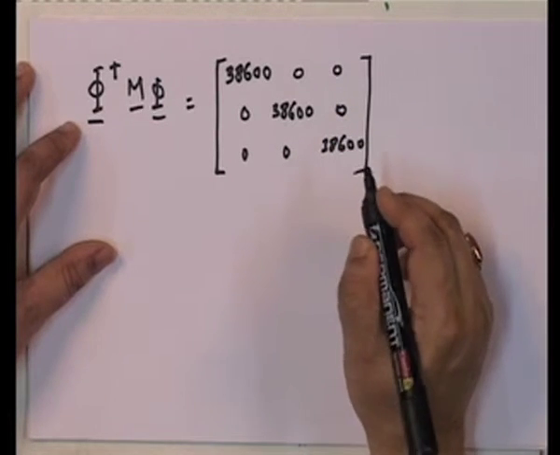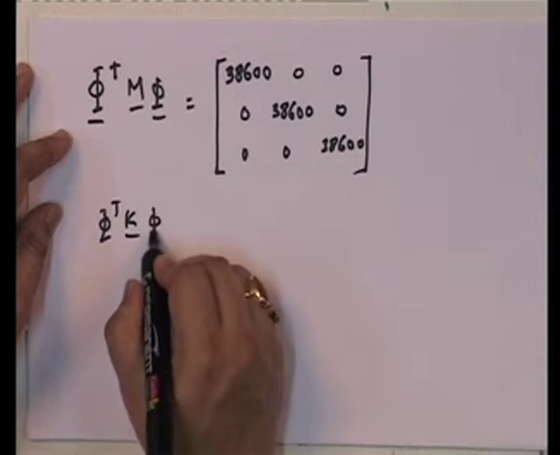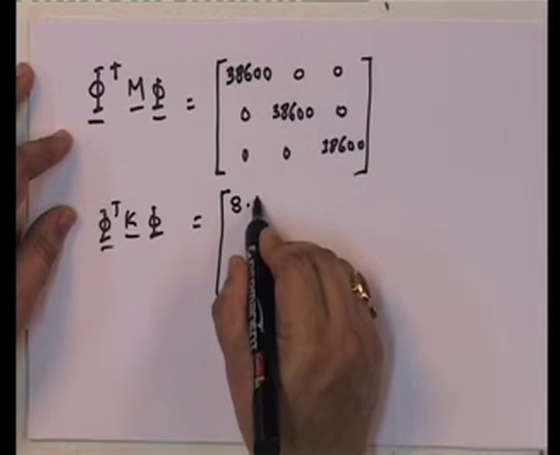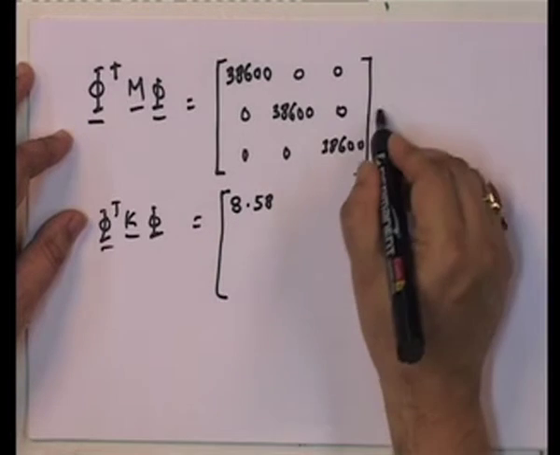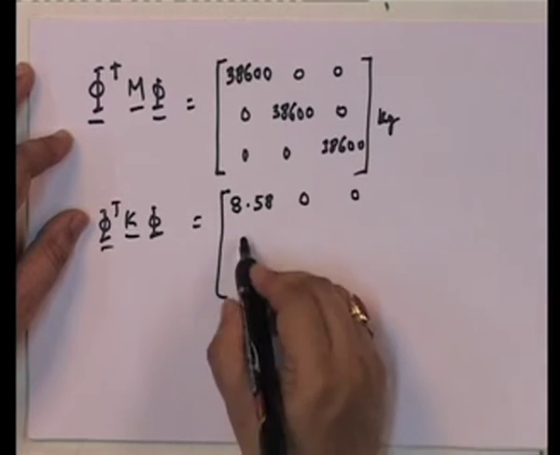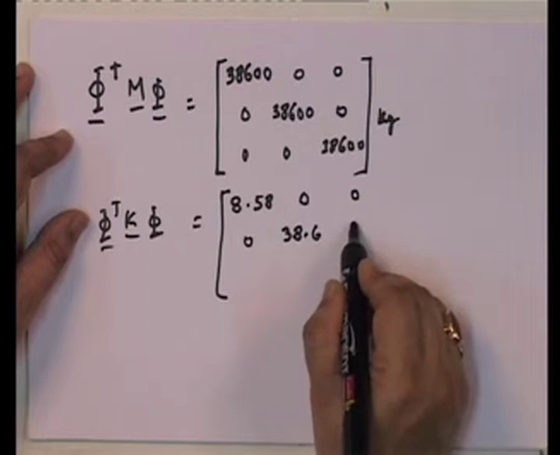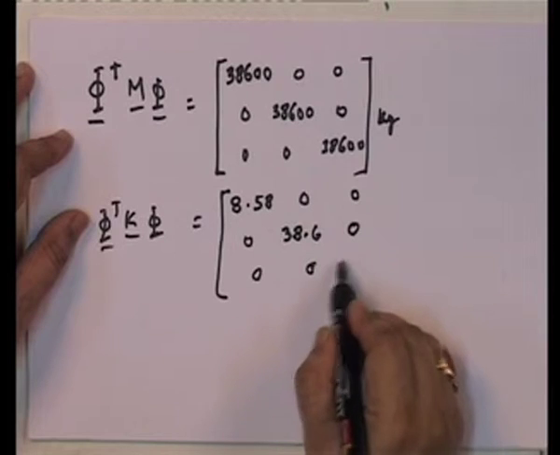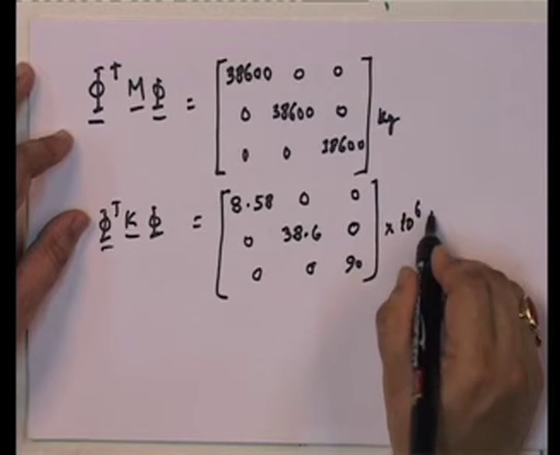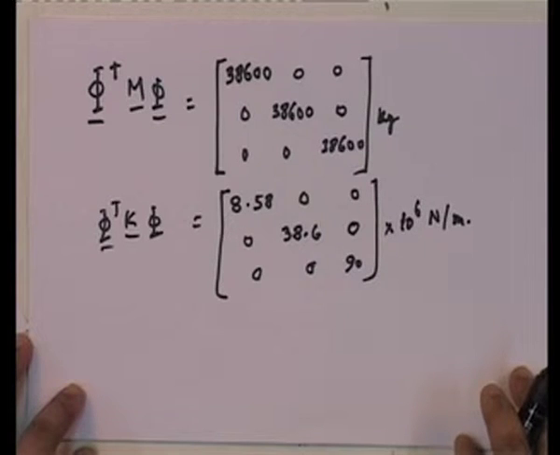This is of course all in kgs: 38,600. And for stiffness: 8.58, 338.6, 90, times 10 to the power of 6, because meganewtons, so 10 to the power of 6 Newton per meter.